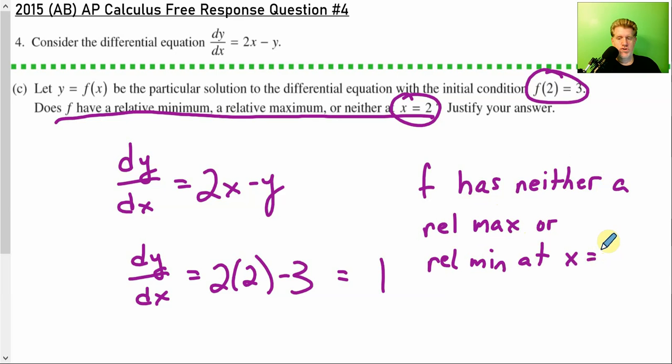I'm sorry, x equals 2. And your reason is right there. So not a difficult question. It's a very oddly asked question.